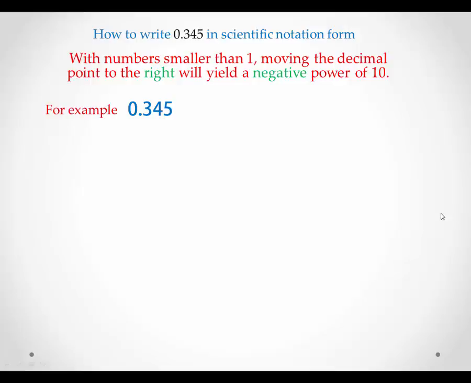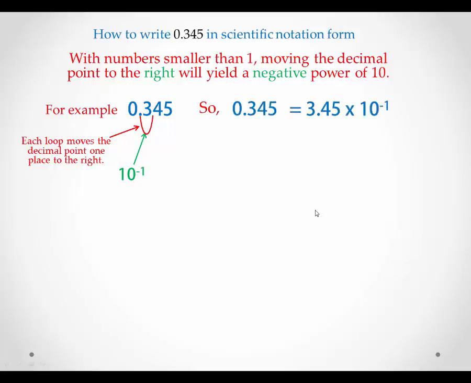We're going to move that decimal point 1 place to the right, resulting in a base 10 with a negative power of 1. So we will have 3.45 times 10 to the minus 1, and that will be our scientific notation. Very simple. We only had to move it 1 place to get it into the correct decimal format so that we can get our scientific notation.